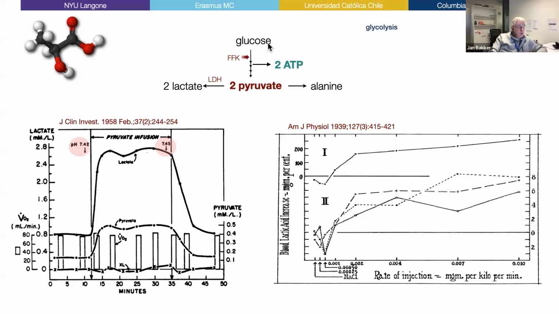If with something else you increase glucose metabolism, you will have the same effect. You will start to produce a lot of pyruvate, which ultimately leads to lactate production. A clinical example is epinephrine. This is an epinephrine infusion in healthy people, and this is the increasing dose of epinephrine.